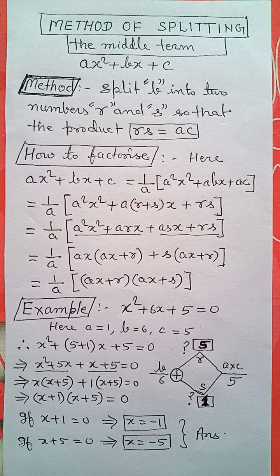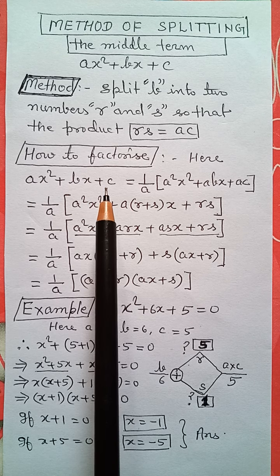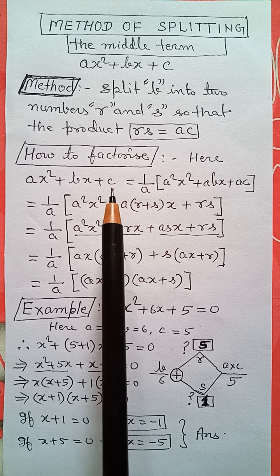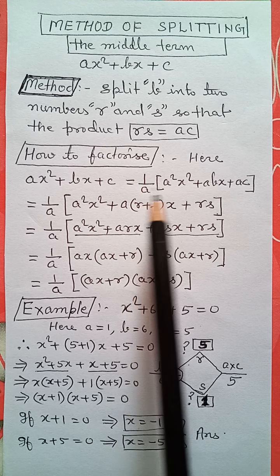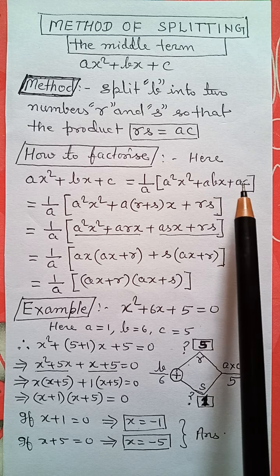Now, let us try to understand how this splitting works. ax square plus bx plus c can be written as 1 by a times (a square x square plus abx plus ac).